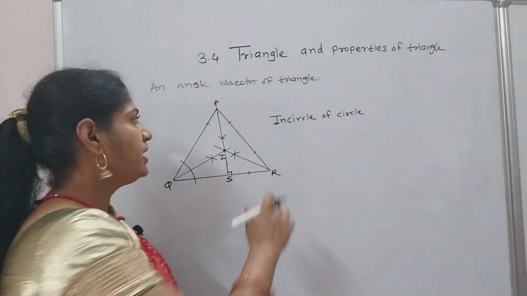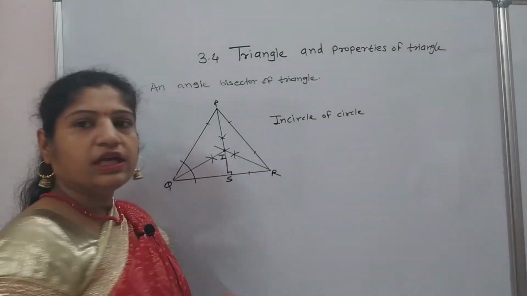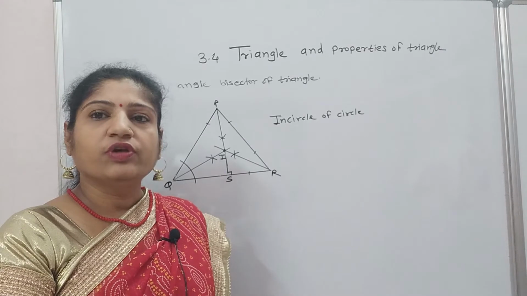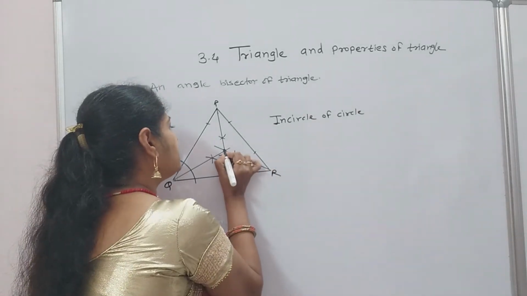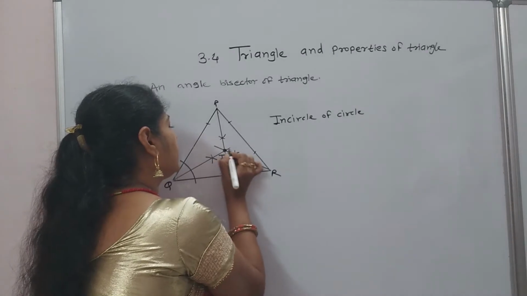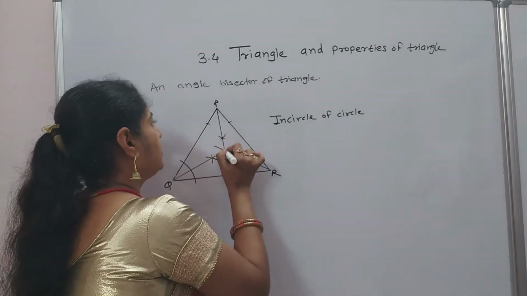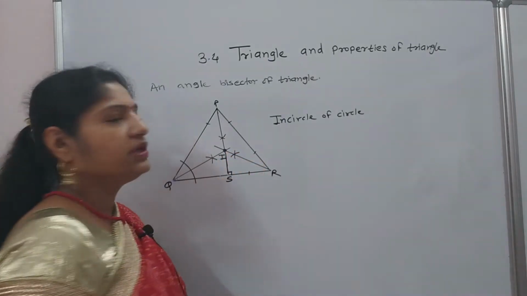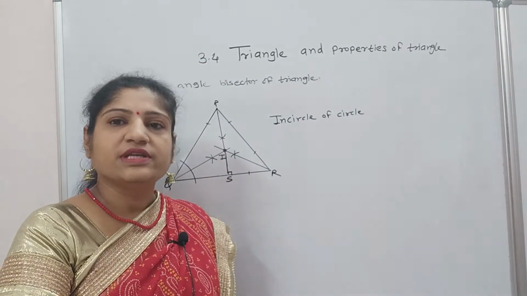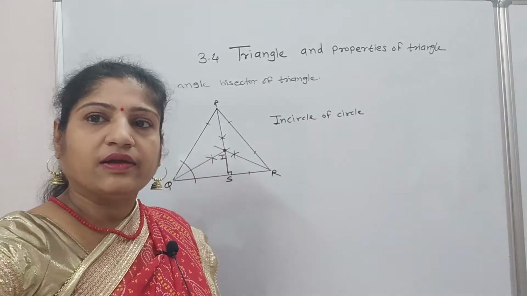We can draw the incircle of a triangle. If we bisect the angles of the triangle, then at the center of the three bisectors, we get the radius of the incircle, and the center of the incircle always lies inside the triangle.